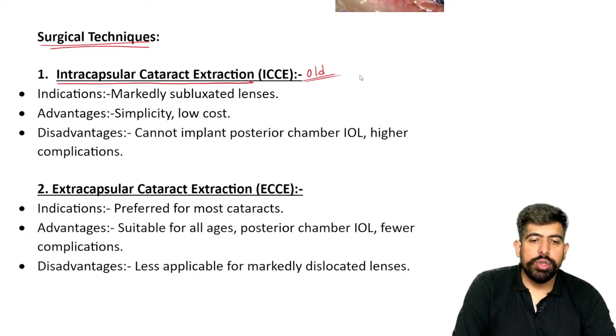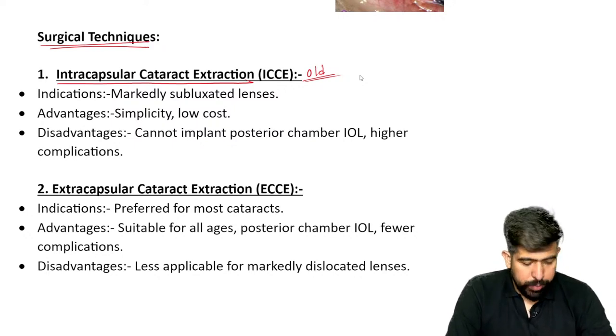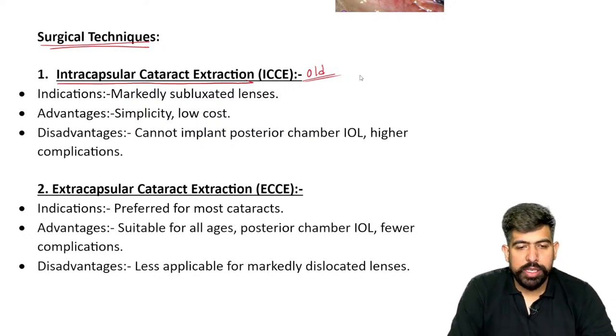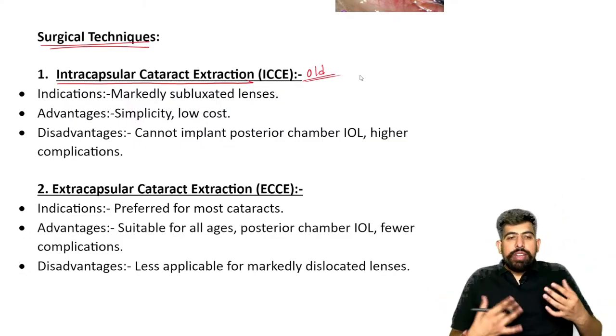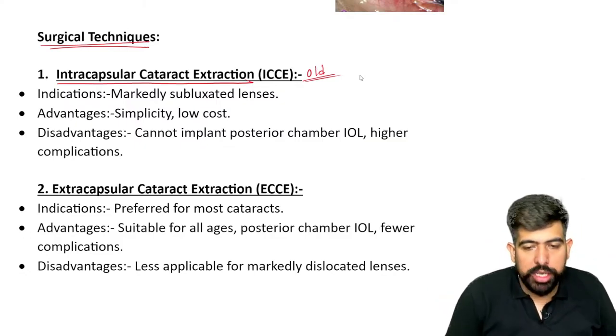Nowadays we are mostly not using this method, but maybe some government hospitals are using it, or some eye camps, because it is low cost and simple also, right? So that's why we cannot do this normally.